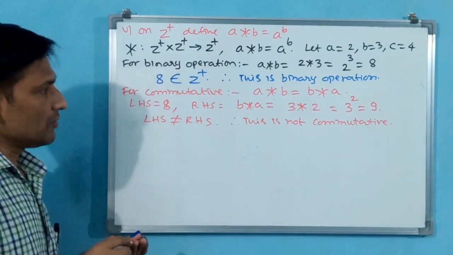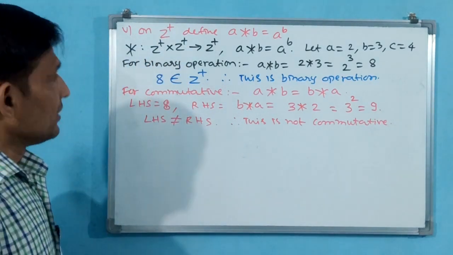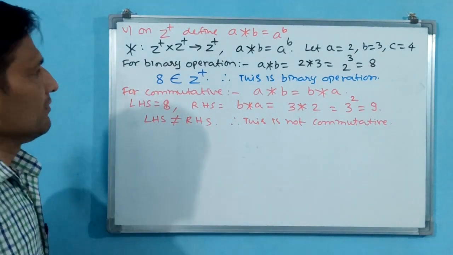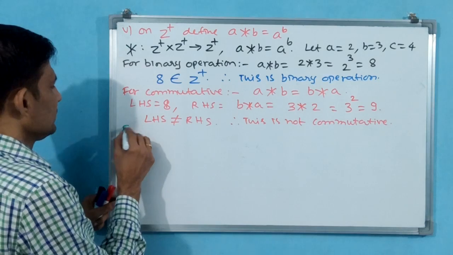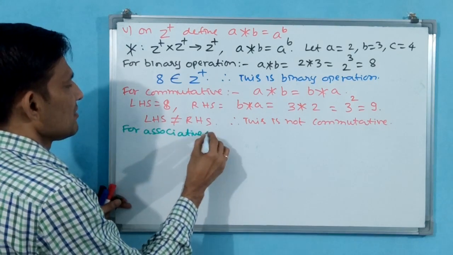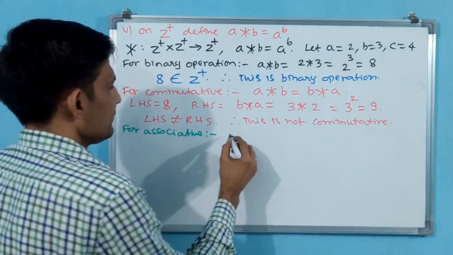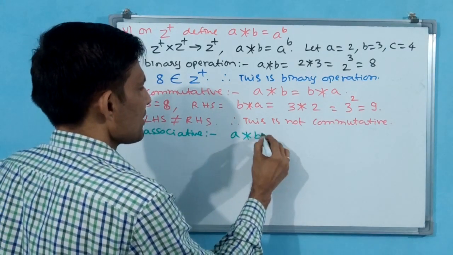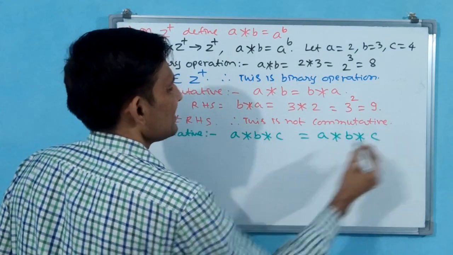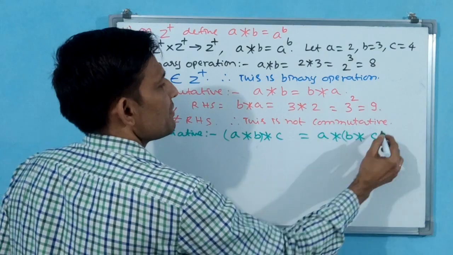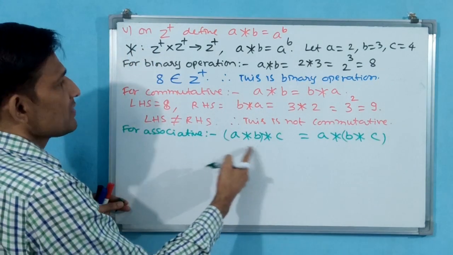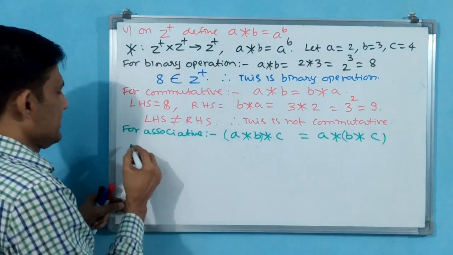Now this is not commutative. Now you go for associative also. For associative, what is associative? A star B star C is equal to A star B star C. Here AB, here BC. Now see, for LHS only A star B you are having, that you write.